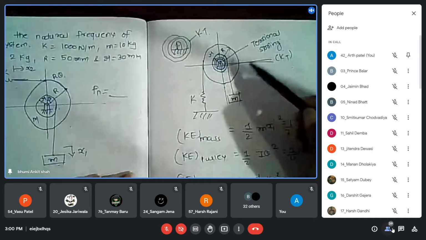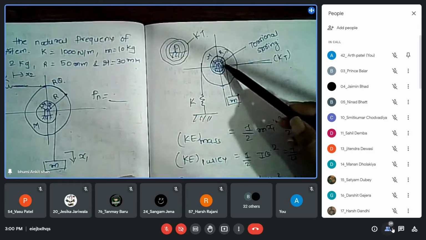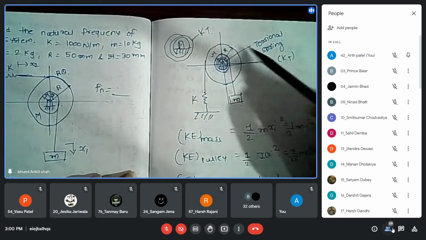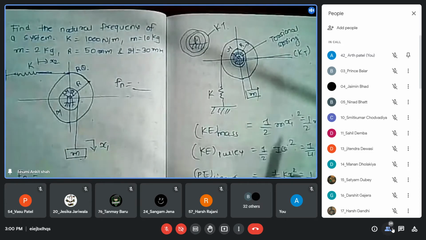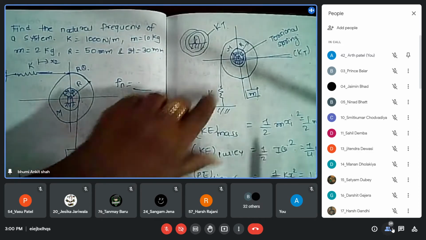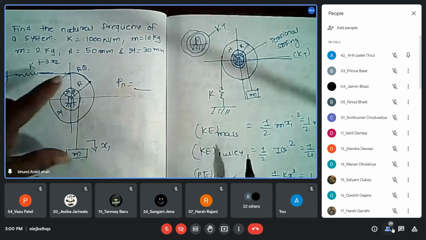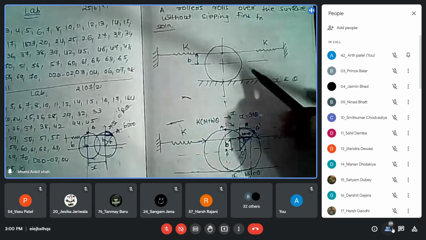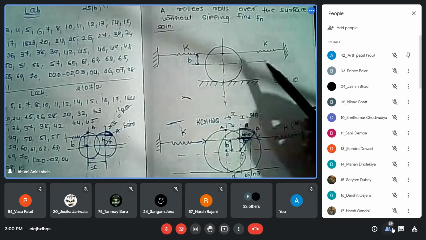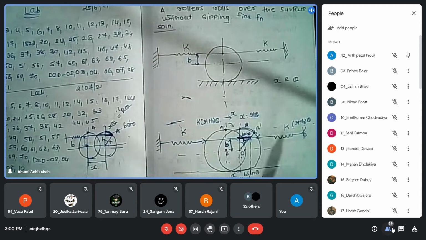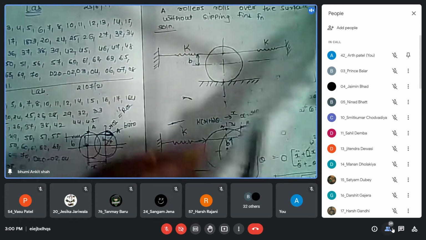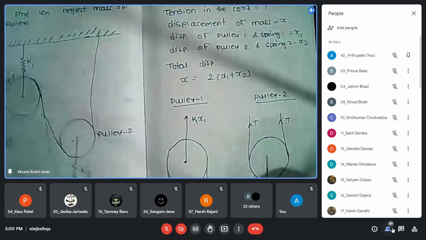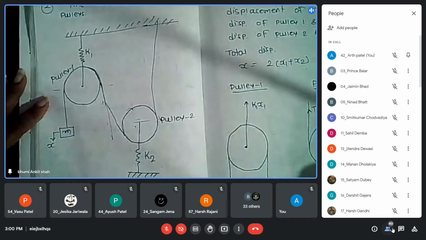Here we have discussed the torsional spring at the center, and the spring and mass attached in different orientations. Here it is attached at the center; in the earlier case it was hanging outside like this. Now this is another arrangement where you have only a pulley and spring, you don't have mass here, right? Then we saw this type of problem.